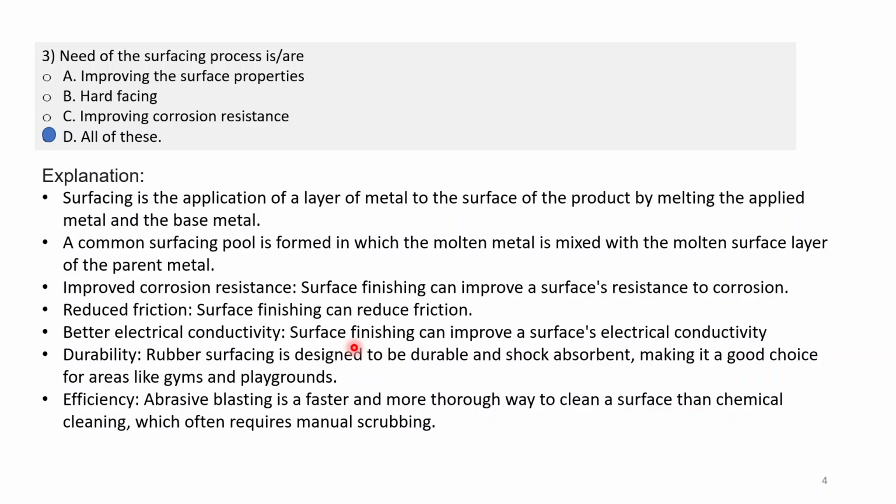In case of rubber surfacing, which is designed to be durable and shock absorbent, it makes it a good choice for areas like gyms and playgrounds. Efficiency: abrasive blasting is a faster and more thorough way to clean a surface than chemical cleaning, which often requires manual scrubbing.